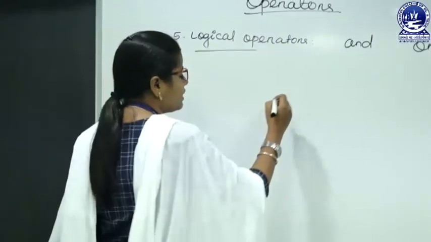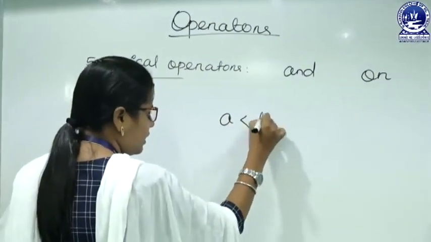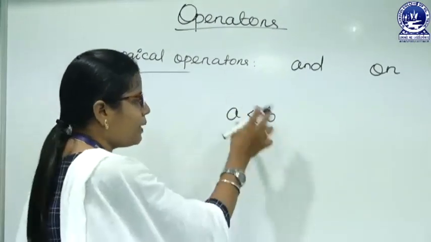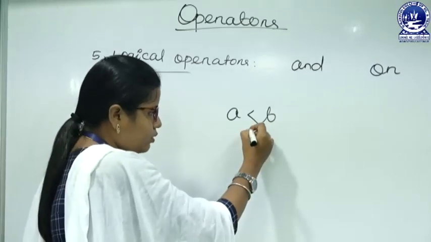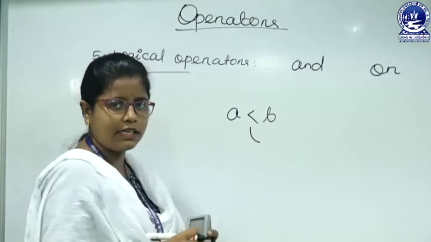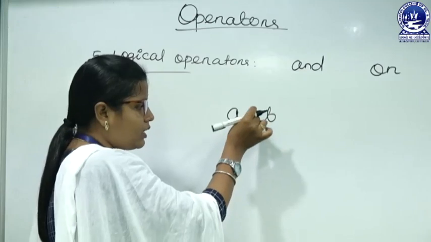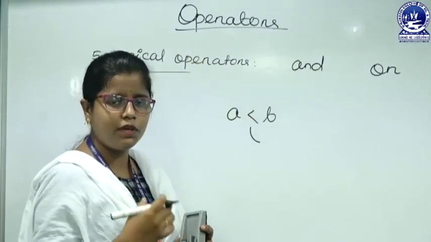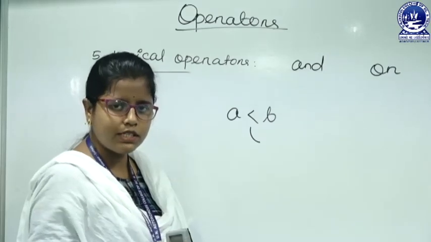Suppose I am comparing A less than B. Here I am asking, is A less than B? This is the comparison statement. Here we are using the relational operator, that is less than. So, whatever statement we get by using the relational operator or comparison operator, that is a comparison statement.